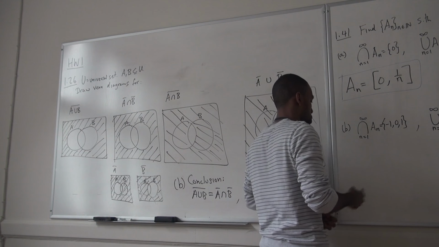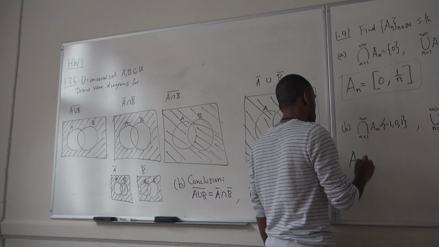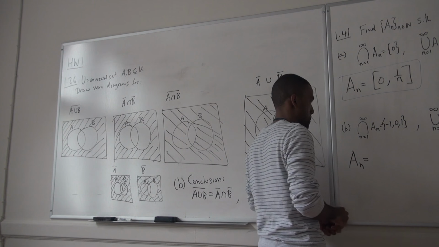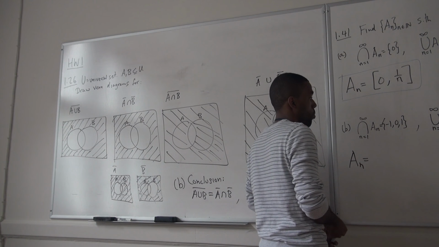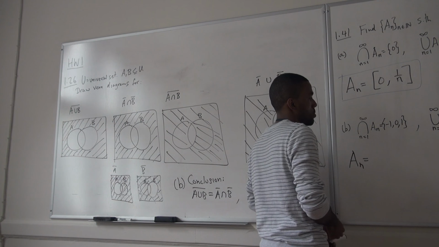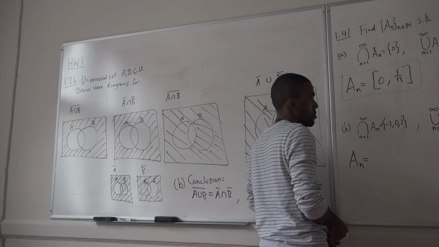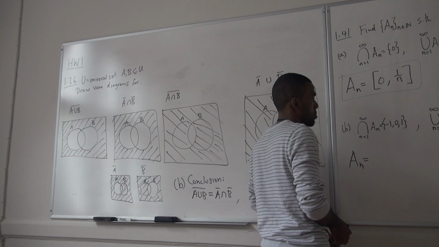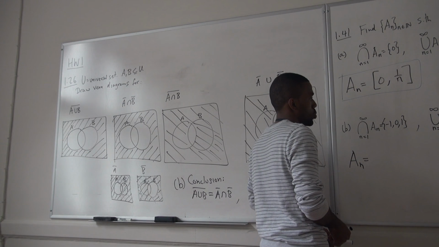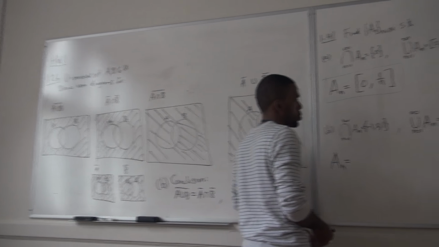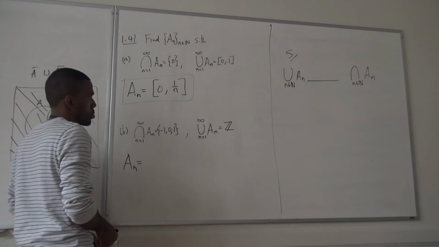What about this one? What would you think your A_n is? All x such that x is an integer between negative n and n. Yes, the interval from negative n.